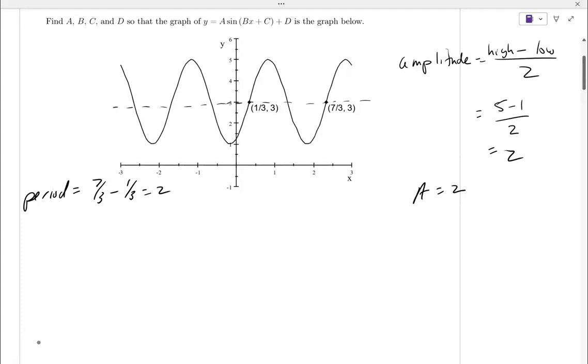You divide it into 2 pi. So we're going to set this equal to 2 pi over B and solve. If we multiply by B and divide by 2, we get B equal to pi. That makes sense?